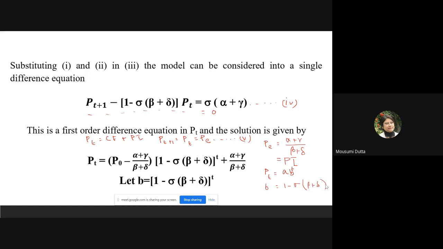Hence the trial solution, or please write, hence the CF is equal to this.